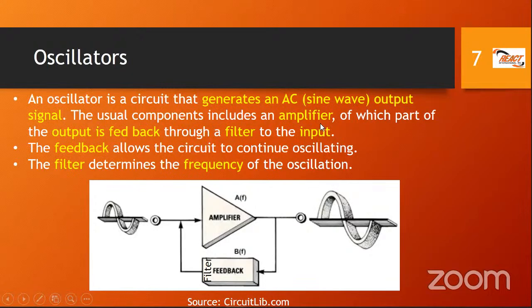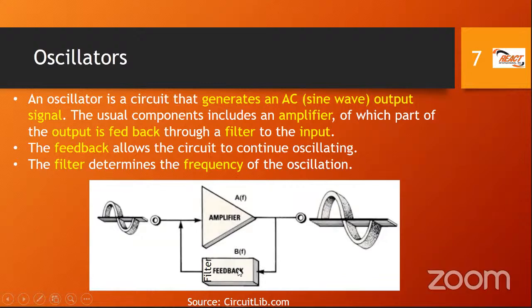And the usual components, we have an amplifier. So this is our symbol for an amplifier here. We have the input, it goes through an amplifier, and then we have the output, which is a sine wave. And the output is fed back through a filter to the input. So if you look at it here, you have the input, the amplifier, it amplifies it with an output, but notice part of the output goes back to the input, and that is called feedback.